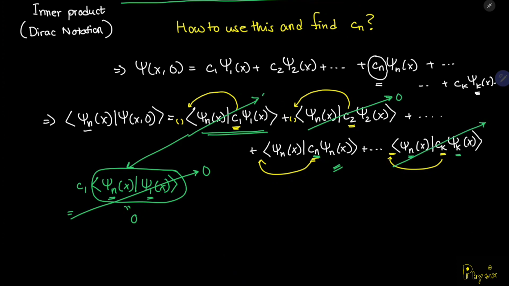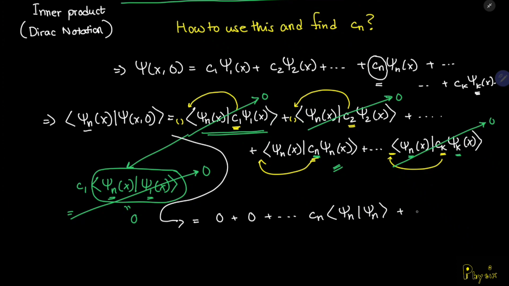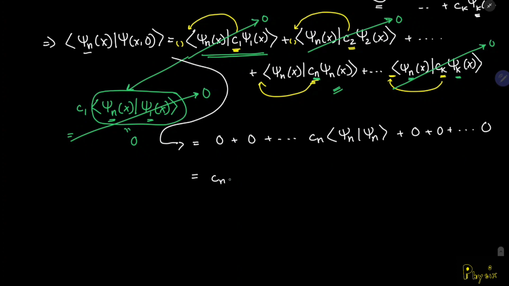So this entire right-hand side becomes 0 plus dot dot dot Cn psi n plus 0 plus dot dot dot leading up to 0. And we're basically left with Cn psi n. I should add that this is a function of x. And yeah, this is basically it.